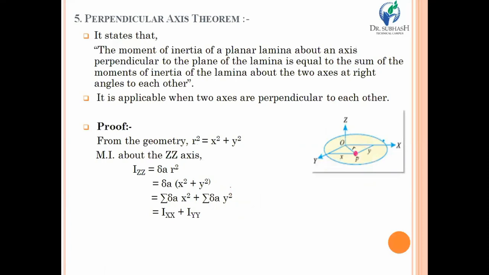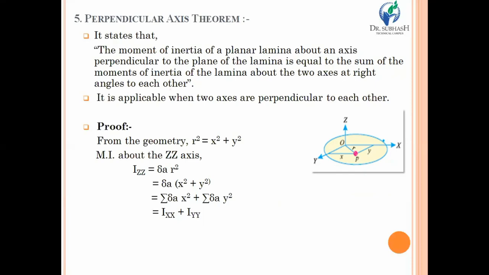Now a similar theorem has also been used and asked a number of times in your exam, that is the perpendicular axis theorem. Let's look at this statement. The moment of inertia of a planar lamina about an axis perpendicular to the plane of the lamina is always equal to the sum of the moments of inertia of the lamina about the two axes at right angle to each other.